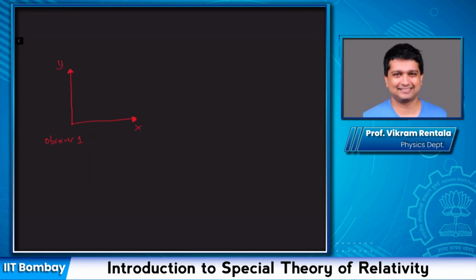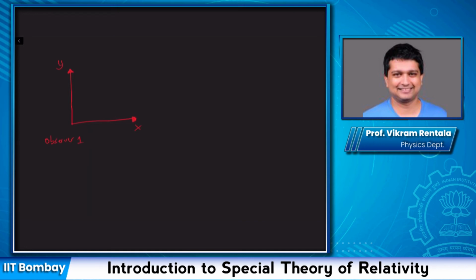Let's assume a second observer who again has exactly the same setup that we had before. So they have the same choice of axes, the same length scale, the same meter stick, the same choice of origin in time, and the same choice of time interval.